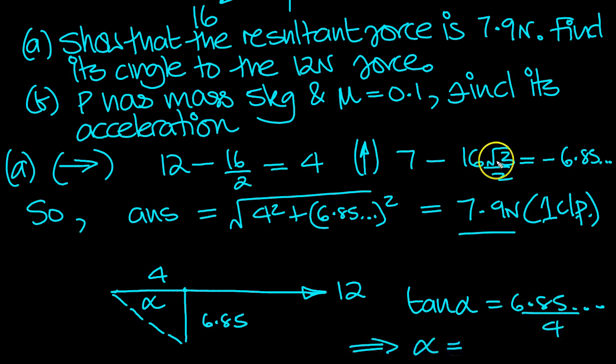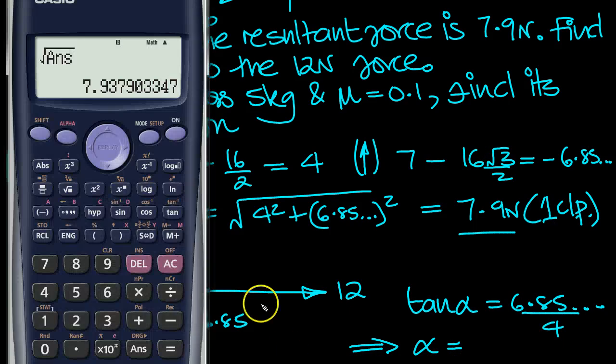Shift tan of this. Now I'm going to put that in the calculator again. So 7 minus 8 root 3, 8 times the square root of 3, equals. So it's in the answer now, so it's that divided by 4. Okay, and then we shift tan it, inverse tan of the answer.